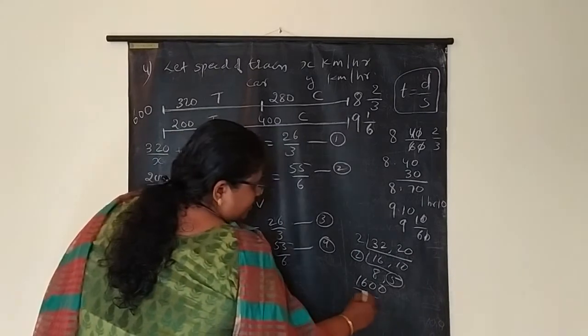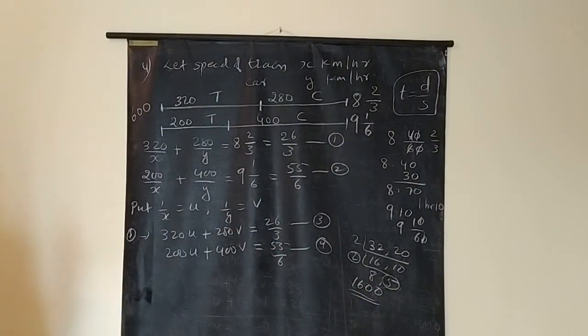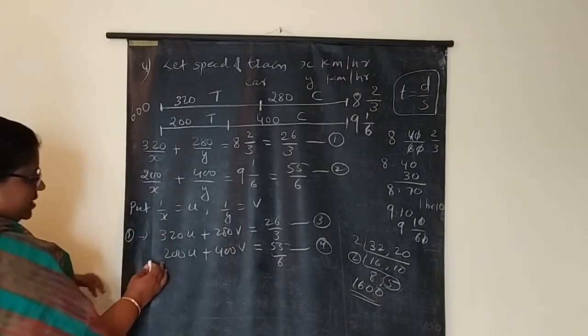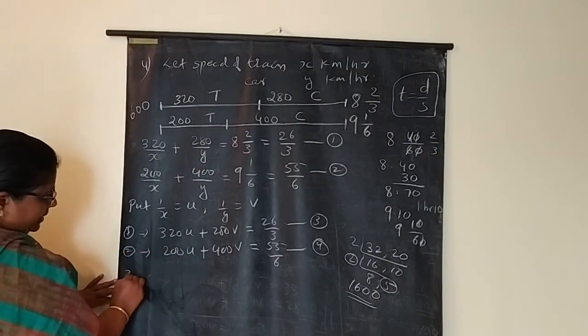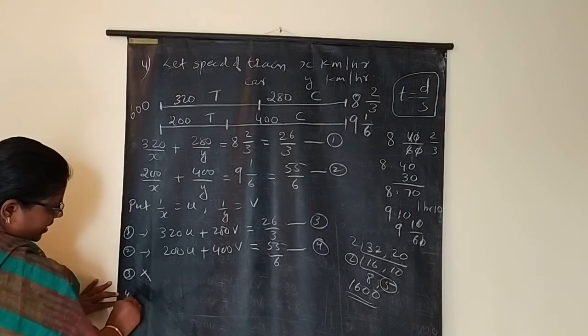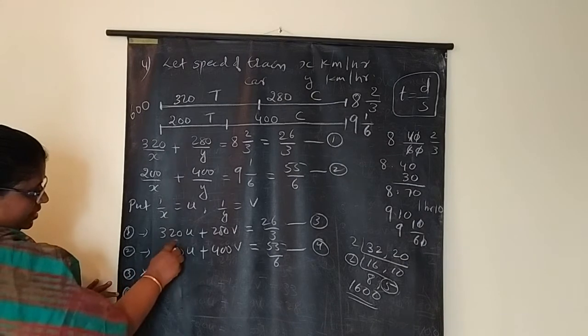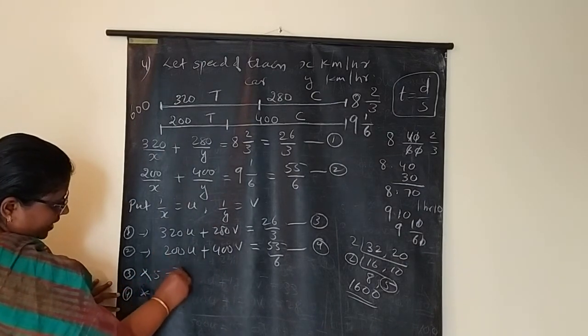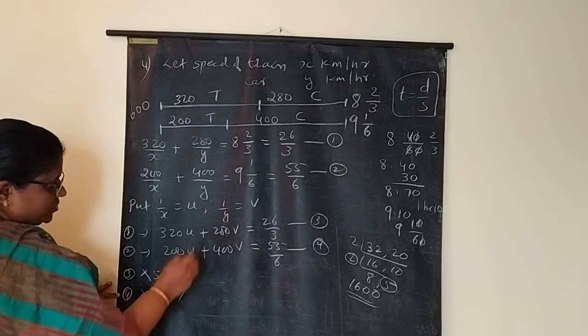So 1600 is the LCM. So we are going to make 1600. So for that, multiply third and fourth with some number. Okay, 320 into 5 and 200 into 8 gives the same.